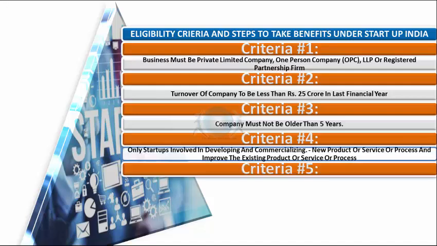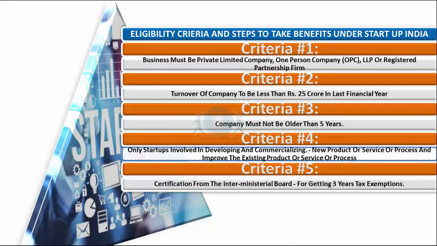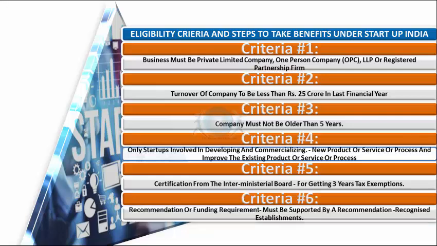Now, criteria 5 is the certification from the Inter-Ministerial Board, which is a must for getting 3 years of tax exemption. The startup company will have to get a recommendation or funding requirement from the agencies that have been set up in this connection. The startup application for the scheme must be supported by a recommendation or certificate of the innovative nature of the business from any one of the recognized establishments in this connection.